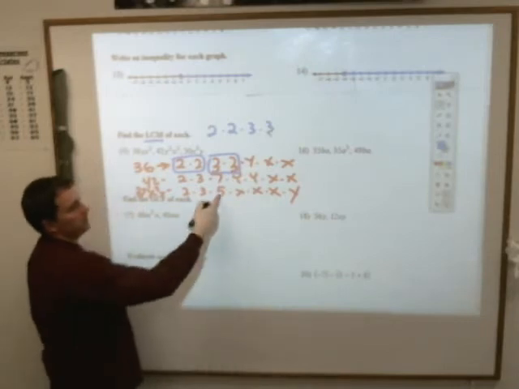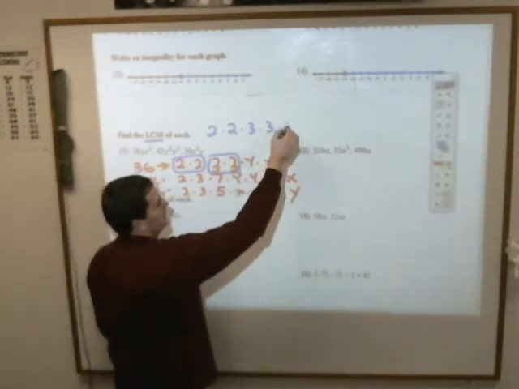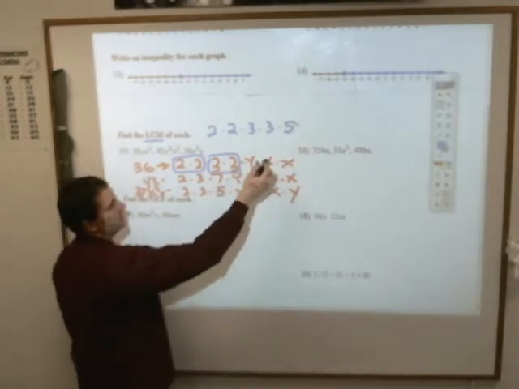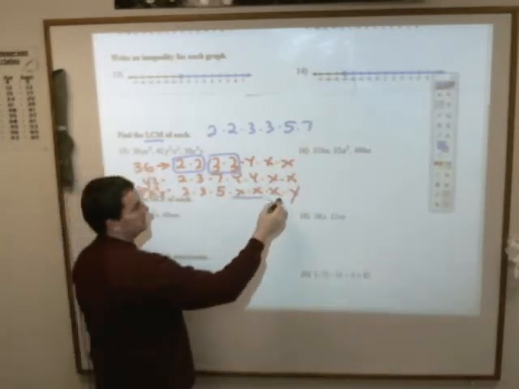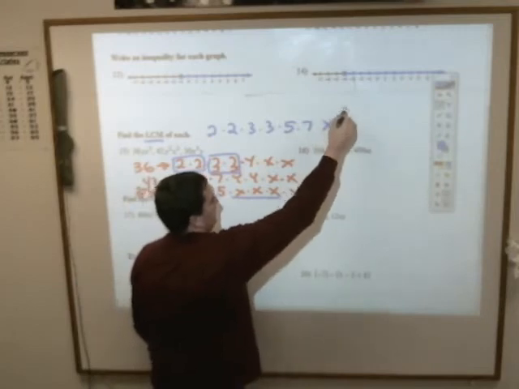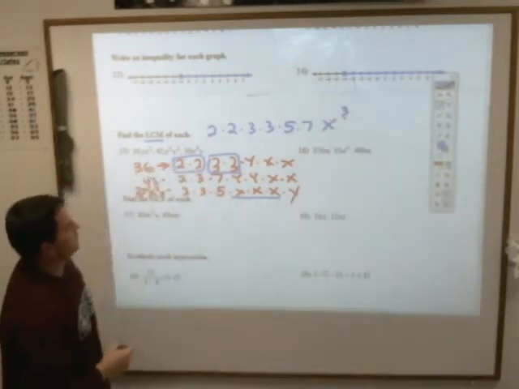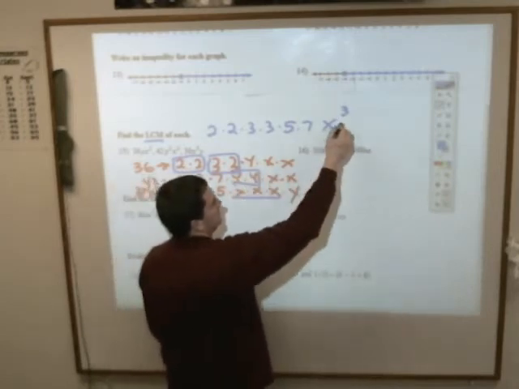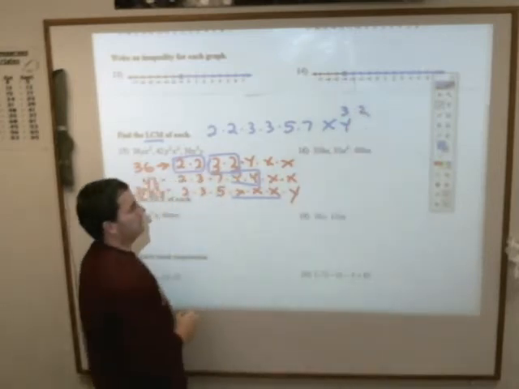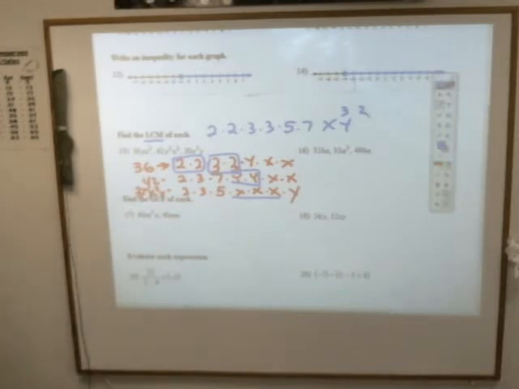Which group has the most 5's? This one, it has 1. Which group has the most 7's? That one, it has 1. Which group has the most X's? This one, it has 3. I'm just going to write X to the third. Which one has the most Y's? This one has 2. So you're going to end up with x cubed y squared for your letters, and then remultiplying this.